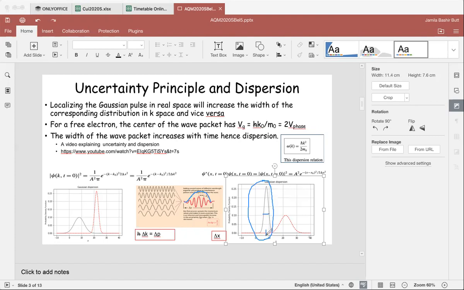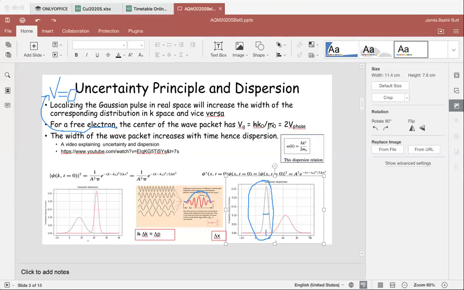I will explain this dispersion for a free electron. Remember, free means the potential is zero, so there was no potential. This electron was moving freely in space.